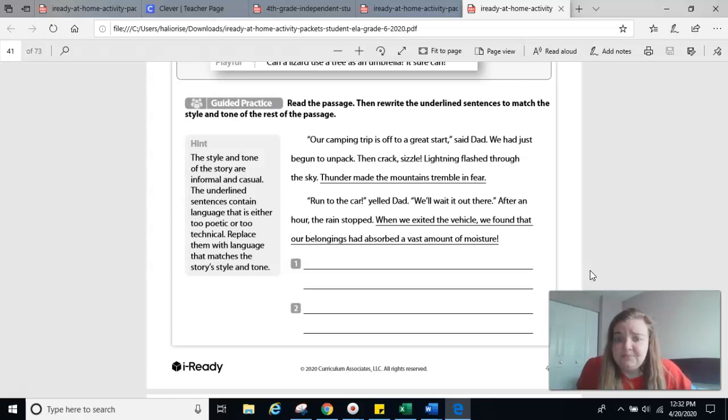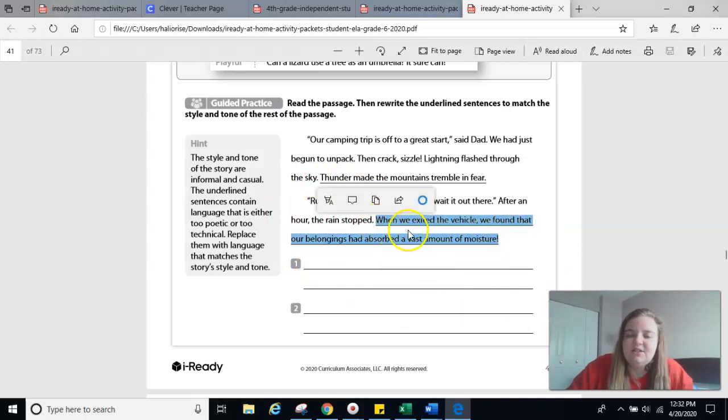So you could say, wow, our stuff is so wet, or the rain got our stuff soaking wet. Something along those lines to where it doesn't sound so serious. Remember, we're talking to our family. We don't need to be that serious when talking to our family.